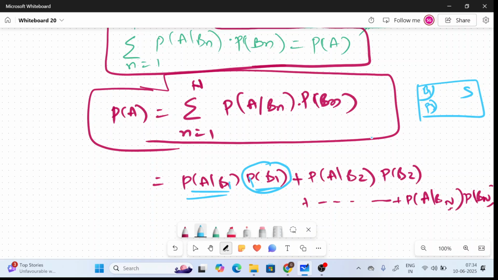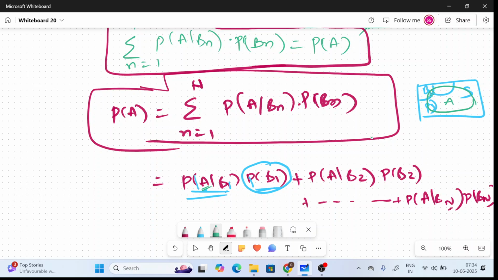A given B1 means the probability of occurrence of event A intersecting with B1.